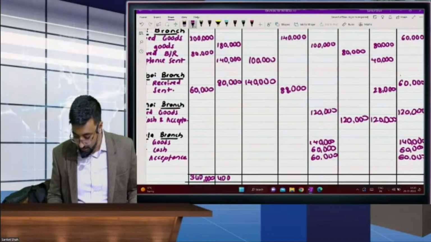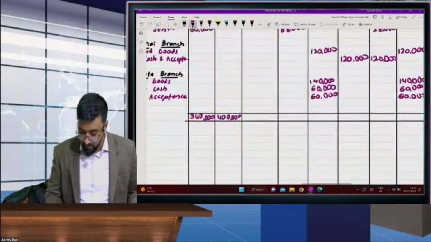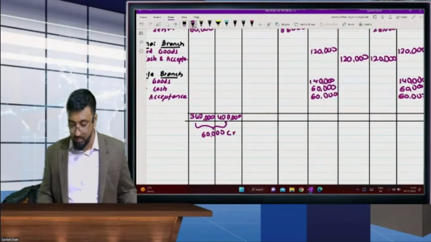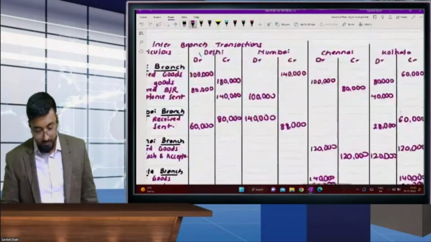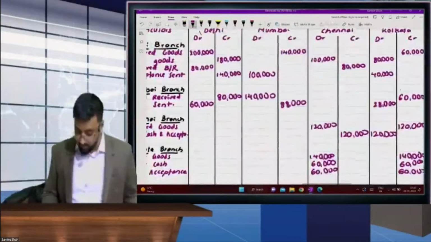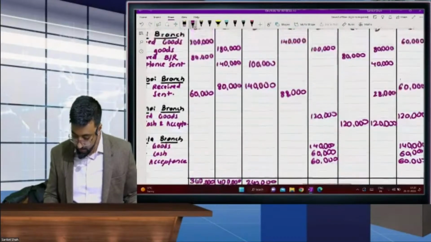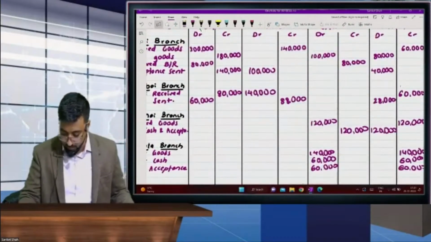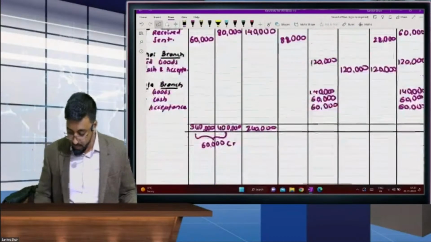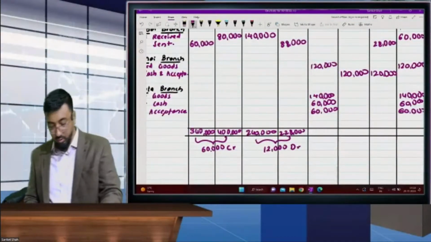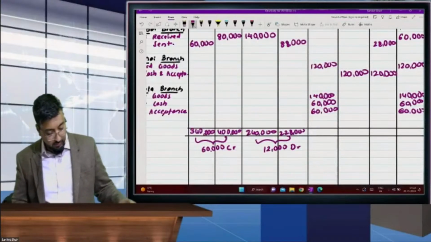So 4 lakhs. Therefore, 60,000 credit is more for Delhi. 2,40,000 debit and 140 plus 88, 228. So 12,000 debit is more.